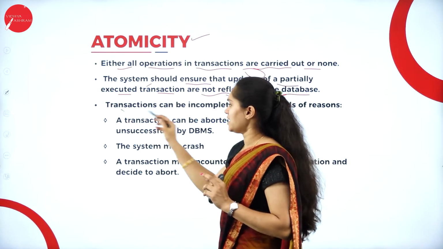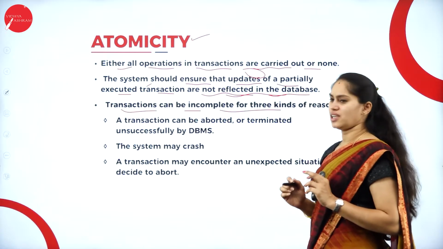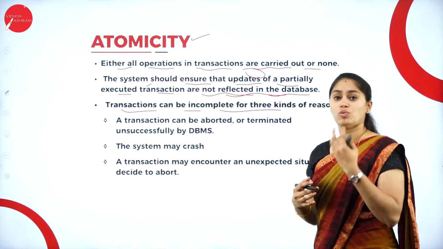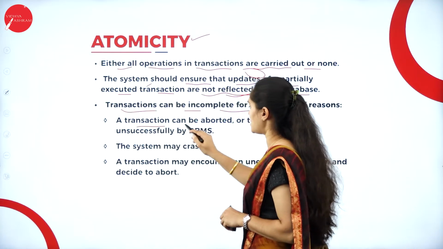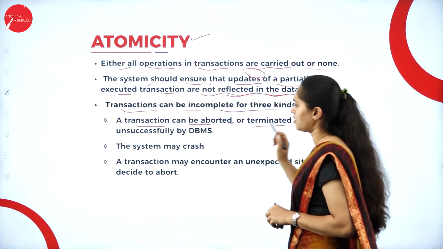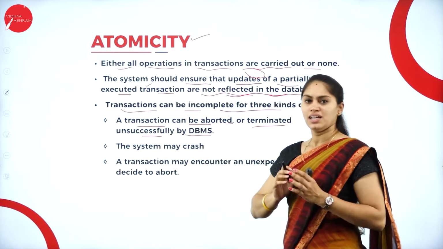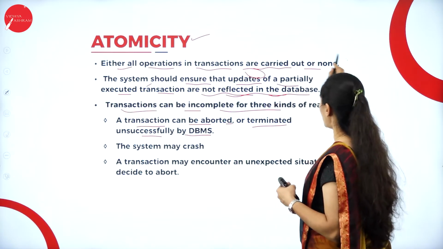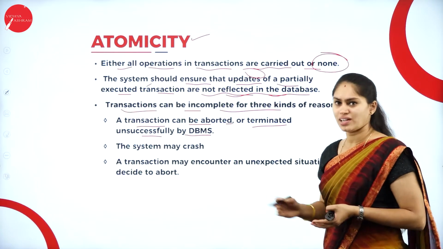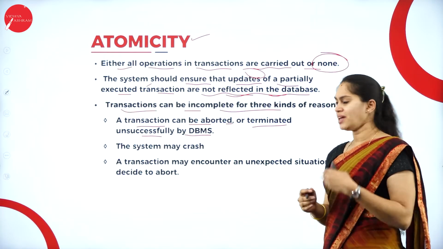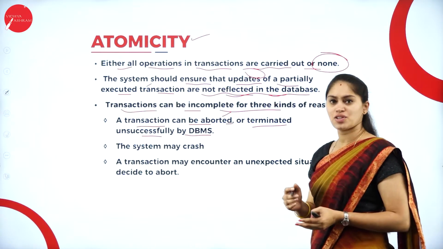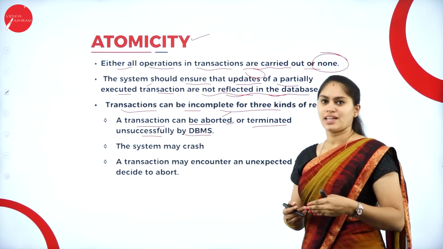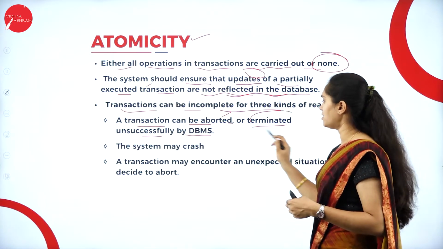And also I can say a transaction can be incomplete for some reason. What could it be? Something goes wrong in between. For what reason? A transaction can be aborted or terminated unsuccessfully by the DBMS. When none of the transaction has been carried out, that could be for the reason that the transaction may be aborted, but I can roll back and I have to come from the first stage of a transaction, and it can be terminated.